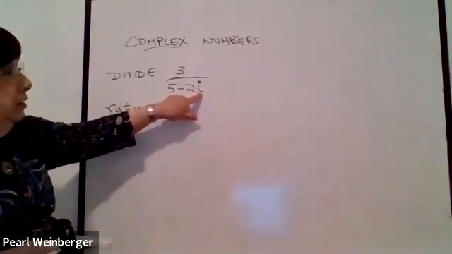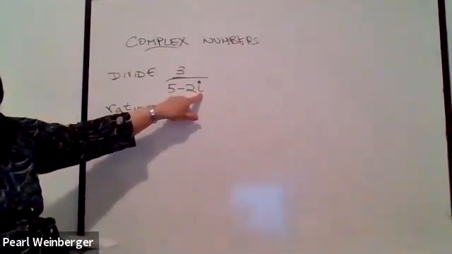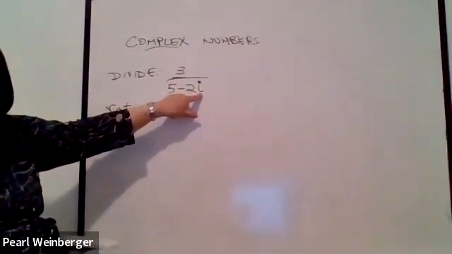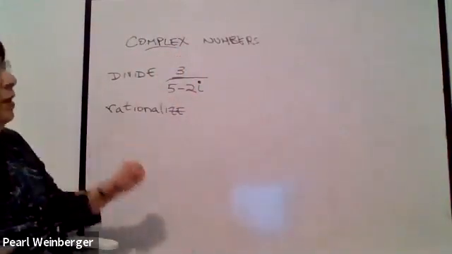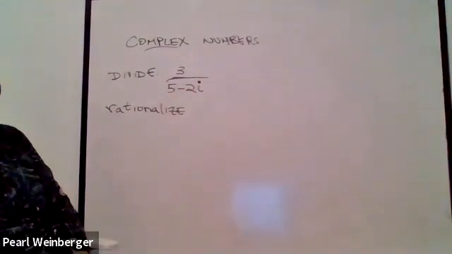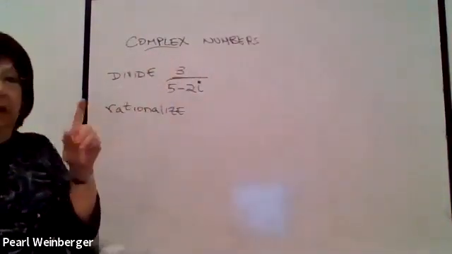Same thing over here. This i is really an irrational number, it's the square root of -1. It's a radical. We don't want to leave radicals in the denominator. So we somehow have to rationalize this denominator.